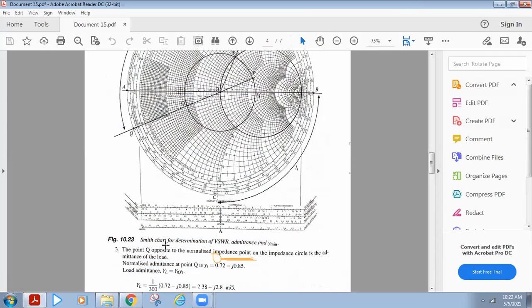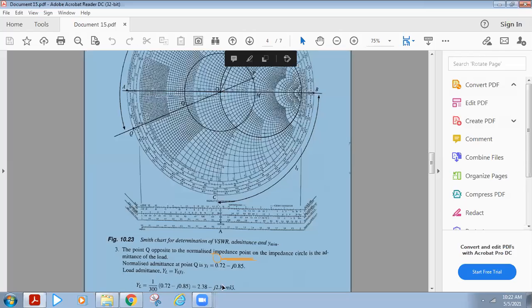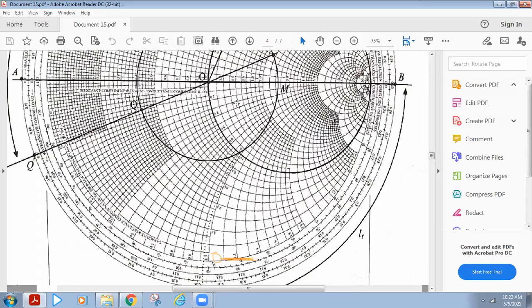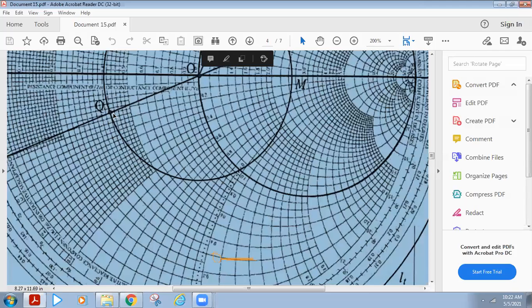The normalized admittance at point Q is YL equal to 0.72 minus j0.85. When you observe the Smith chart clearly, those values lie here.